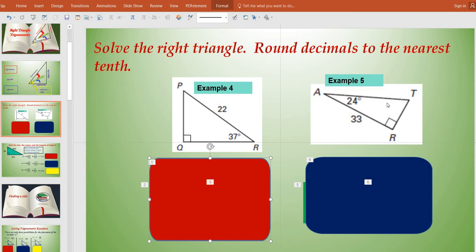In this triangle, try to solve it. Solve this triangle. We have two angles and one side: angle R is 90 degrees, angle E is 24, and AR equals 33.